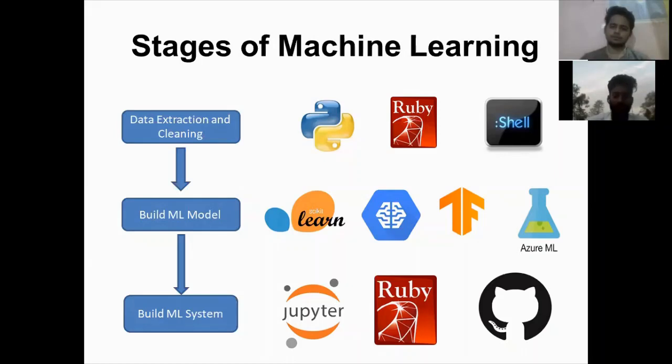For data extraction and cleaning, the tools available are Python, Ruby, and Shell script, which are used to extract and clean the data, because real world data has many different missing values. So you need to extract and clean the data. Once you have the data, then build the model.